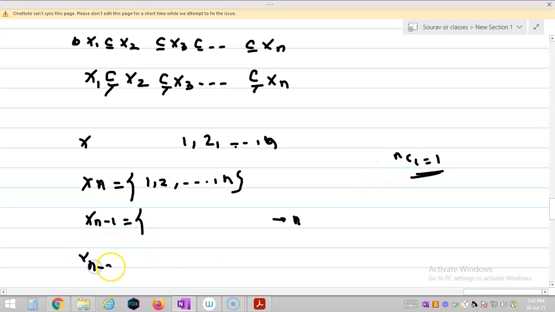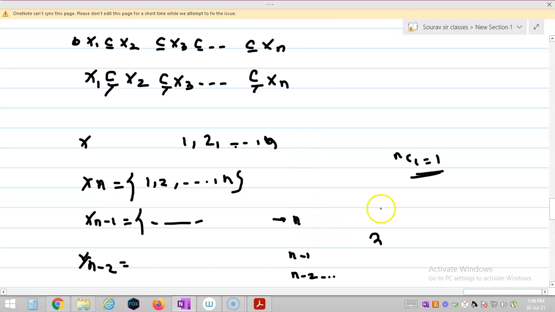In xn minus 2 you have to discard one element among n minus 1 elements, so you have n minus 1 choices. In x3 you have 2 choices, and so on, down to x1.